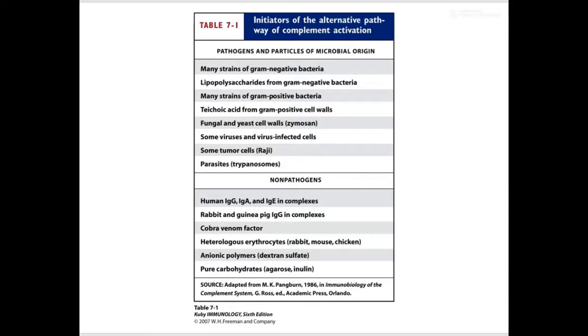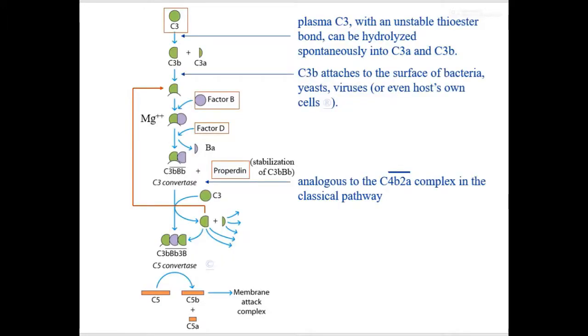And let me just show you the alternative pathway once more. We have the C3 converted into C3b and C3a, and further onto that the factor B and the factor D come and act, and further you get this activated C3bBb, capital letter B, small letter b.